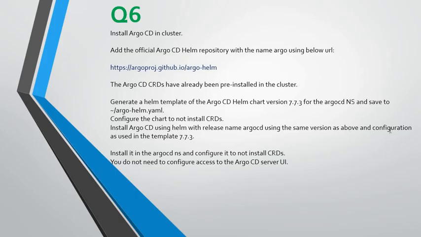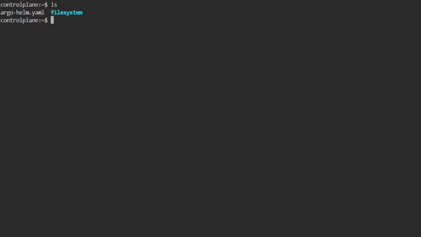Now the last part is to install Argo CD using Helm with the release name argocd, using the same version as above and the configuration as used in the template. So go to the previous command, remove the redirection, and instead of template use install.